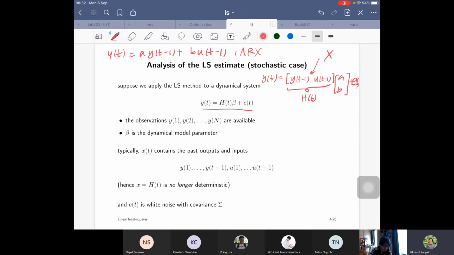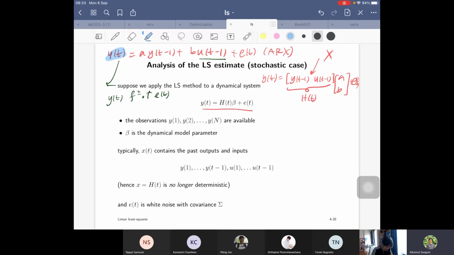You see that the entries of X are now no longer deterministic, because y_t in this equation is a result from both the deterministic input u, but also, sorry, I forgot to include e_t in the equation. This is the ARX model. You see that y_t is also a function of e_t, but e_t is random. So the whole process of y_t is also a random process.